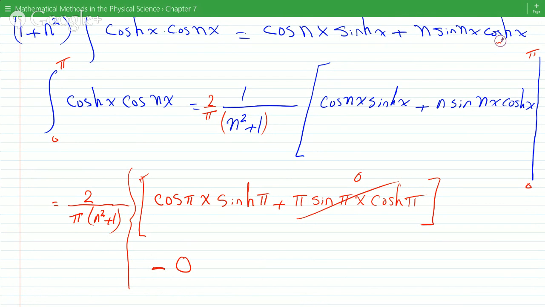The sine term is 0, so that whole thing is knocked out.